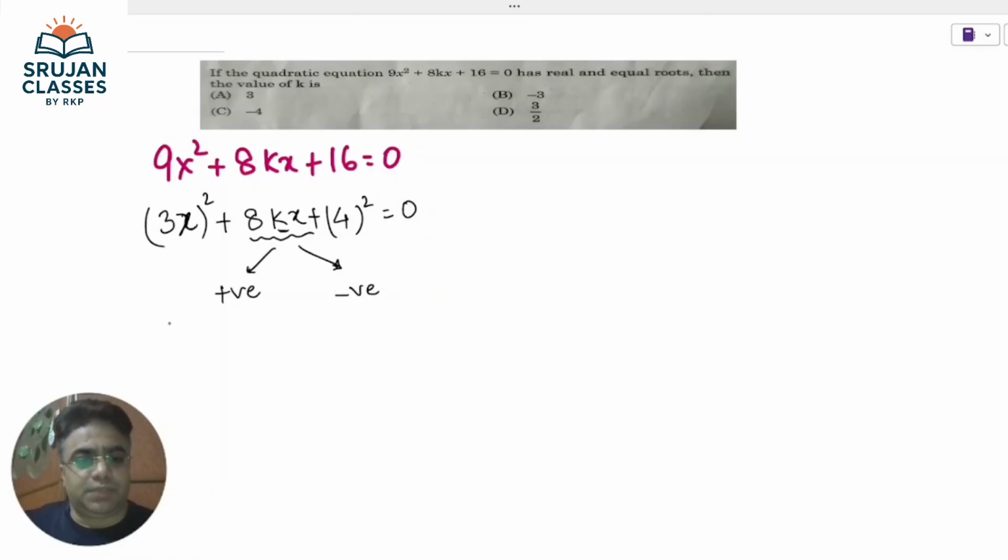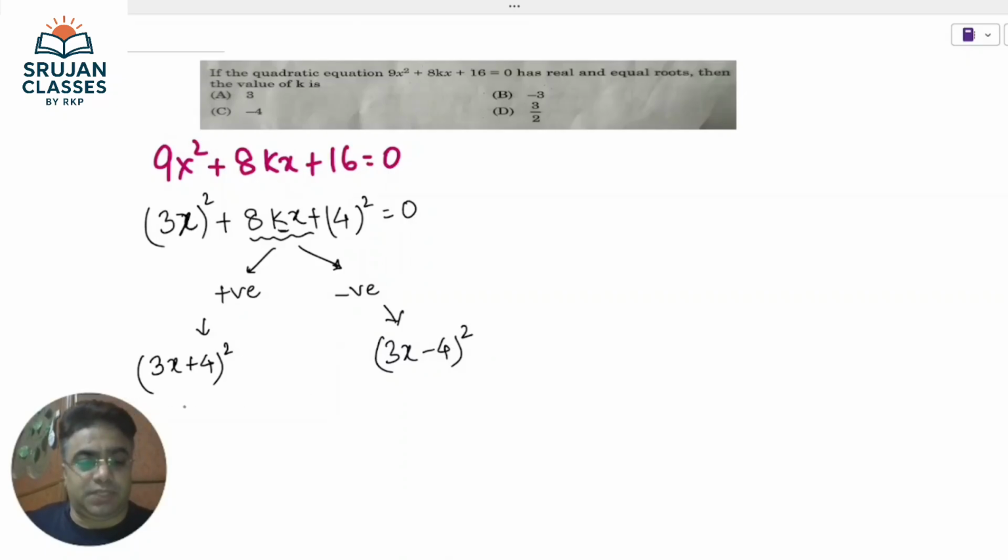Okay, so on a broader aspect, this can be written as (3x plus 4) whole square, depending upon the value of k if the value of k is positive, and this equation is once again written as (3x minus 4) square if the value of k is negative.